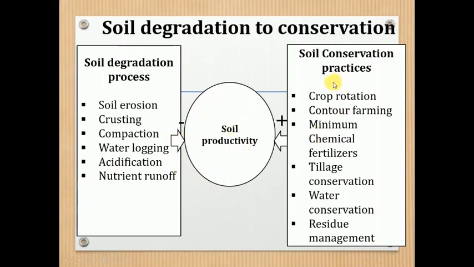Whereas soil conservation practices like crop rotation, contour farming, minimum chemical fertilizers, tillage conservation, water conservation and residue management are positively contributing to the soil productivity.